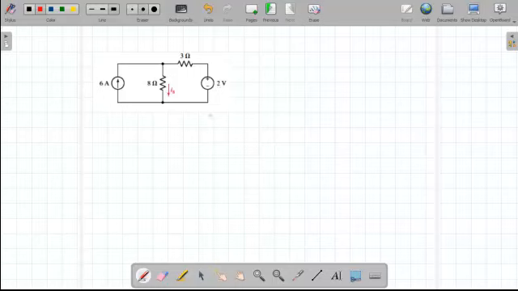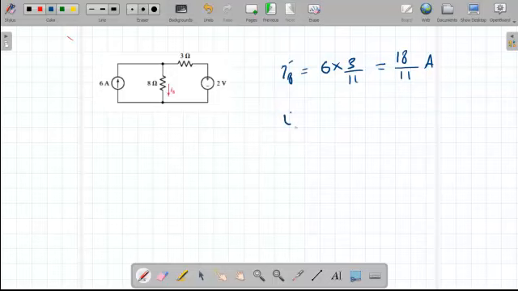So here we will get the two components of I8, I8' and I8''. I8' will equal, we apply current divider, so 6 times 3 over 11. So it equals 18 over 11 amp.